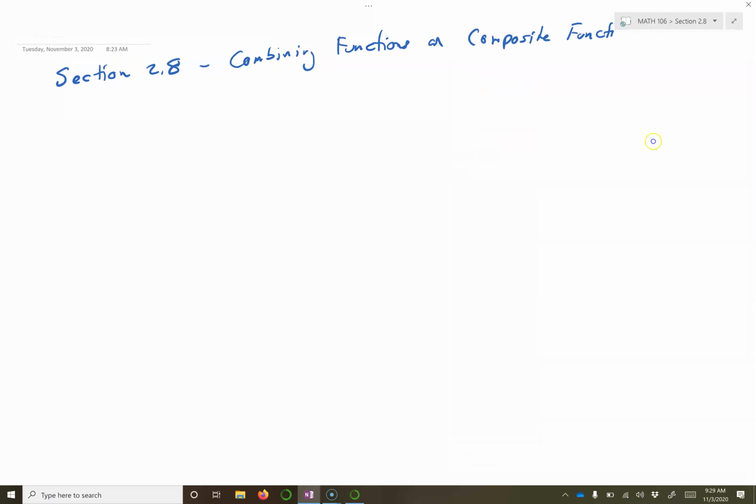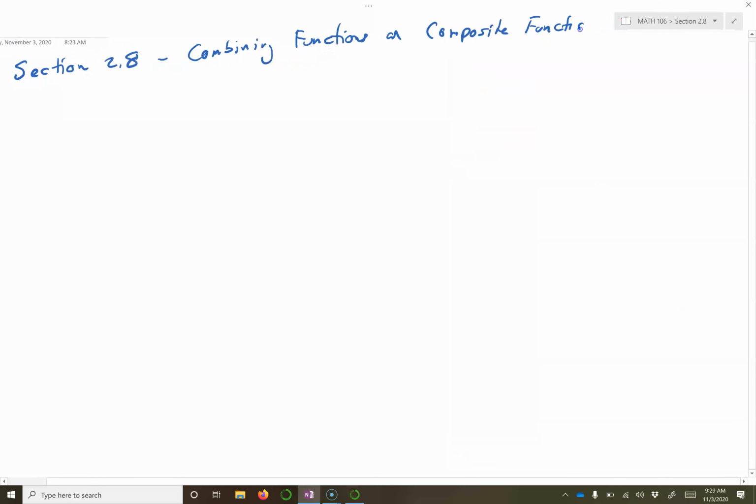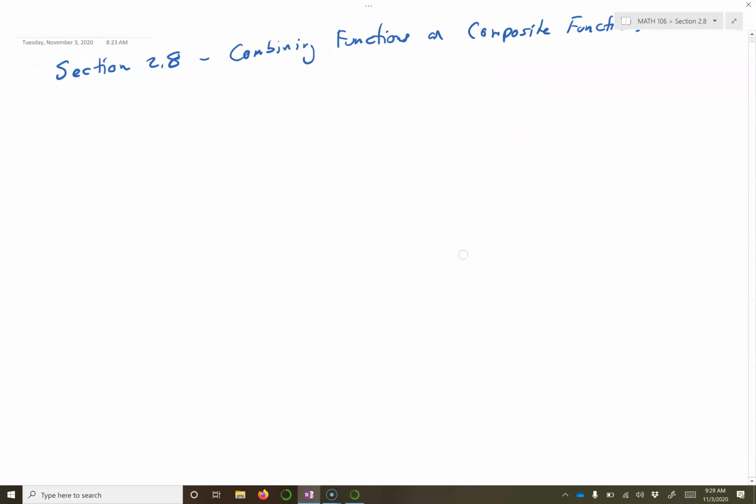Oh, I'm running out of room over there. There we go. Okay. So I'll be honest with you, this is actually pretty simple. I'm not sure why they didn't do this back in the introductory section with functions, but there you go. So I'm going to give you some mathematical operations.